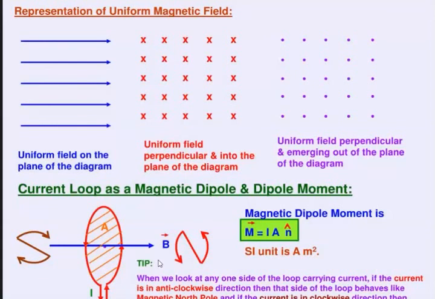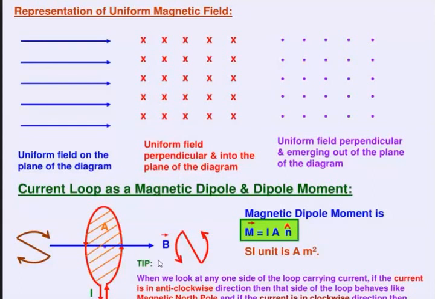So a current carrying loop will have two poles. Why? In the previous class we discussed that anti-clockwise current flowing through the loop acts as a north pole, because the phase above which current appears to be flowing anti-clockwise, the field lines appear to be coming out of the plane of that phase.